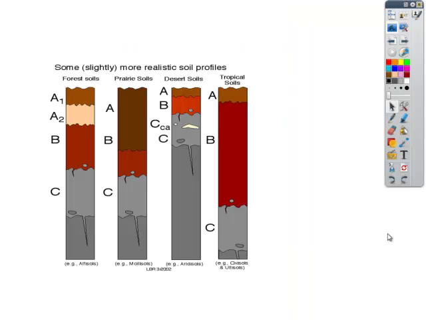As I said before, some of these soils from different places are very different. If you look at some of the biomes that exist, your forest biomes usually have a very good A layer of soil, and then your B horizon is about equal, and then the parent material below.